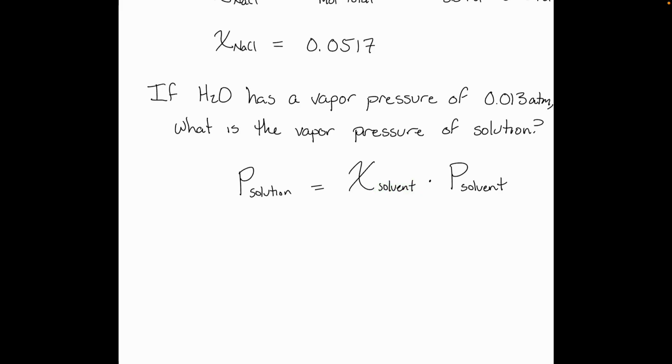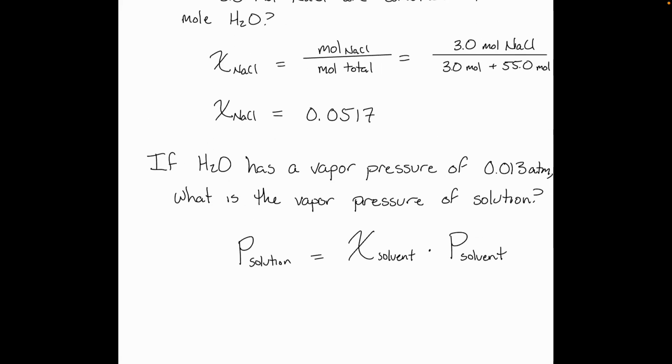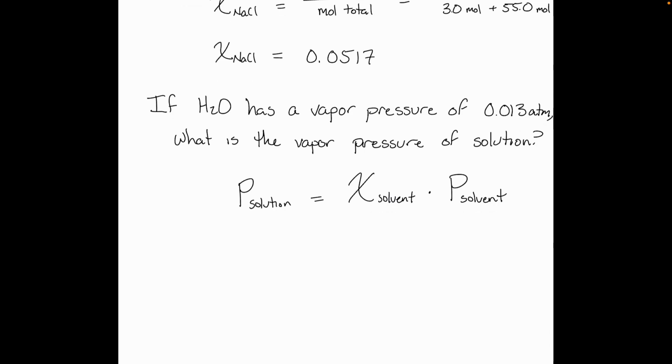Okay? The good news is that there's this very simple relationship between the mole fraction of the solute and the solvent, because they both have to add up to what? 1. Right? You could also do it the long way, 55 divided by 3 plus 55. Or we can just note that the mole fraction of the solute plus the mole fraction of the solvent will always equal 1.